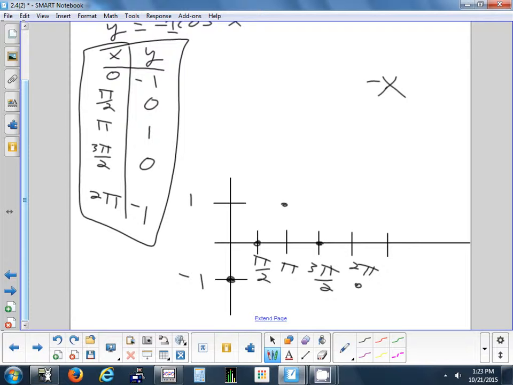So you can see now instead of being that V shape we normally get with cosine, it's flipped over. So now it looks more like that. And if it was going to continue, you'd go on like that. Right, so any questions on amplitude change, vertical stretch?